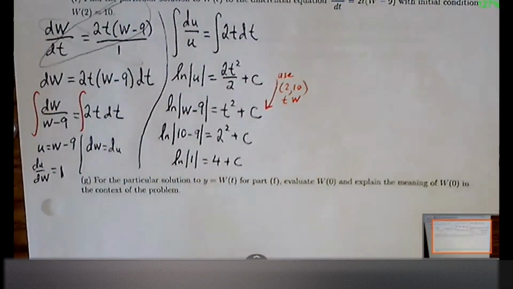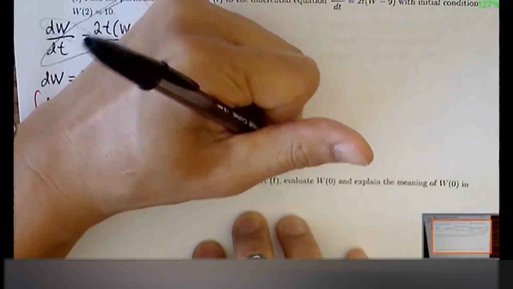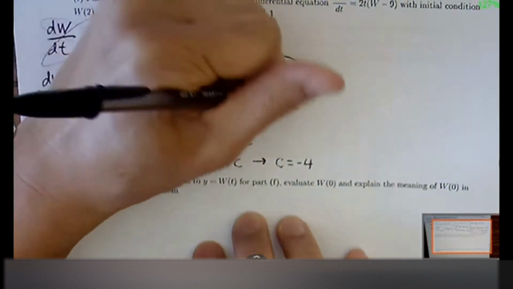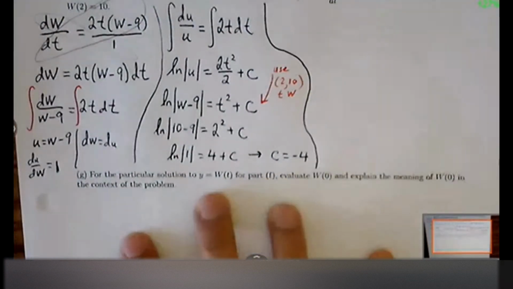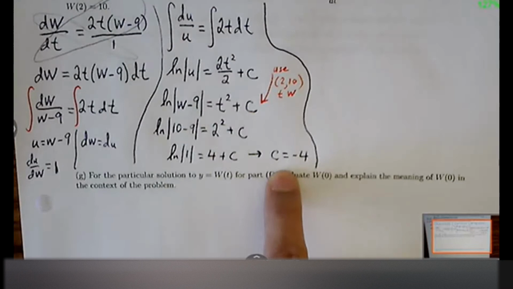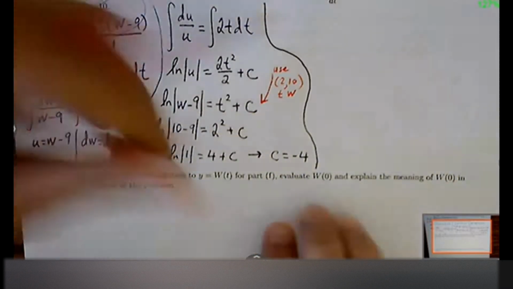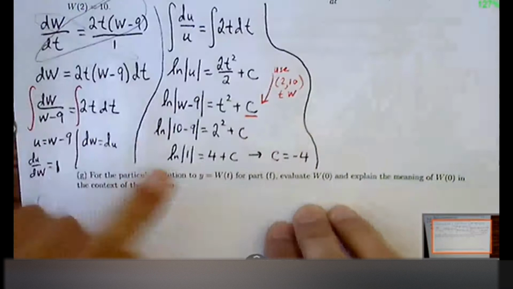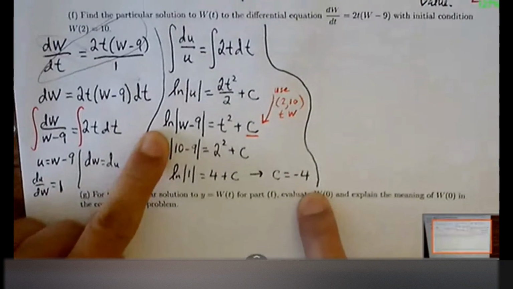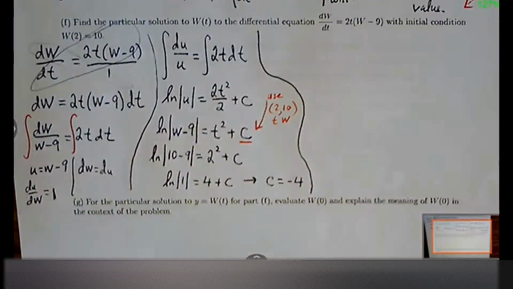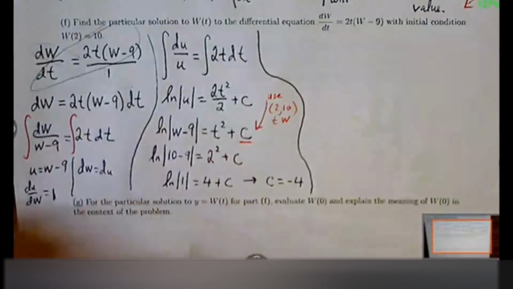Natural log of 1 is 0. Solve for c. 0 equals 4 plus c, so c equals -4. So I elected to solve for c first, so I'm going to enter that -4 back into my general equation, and then I can shift my focus to try to get that w by itself.